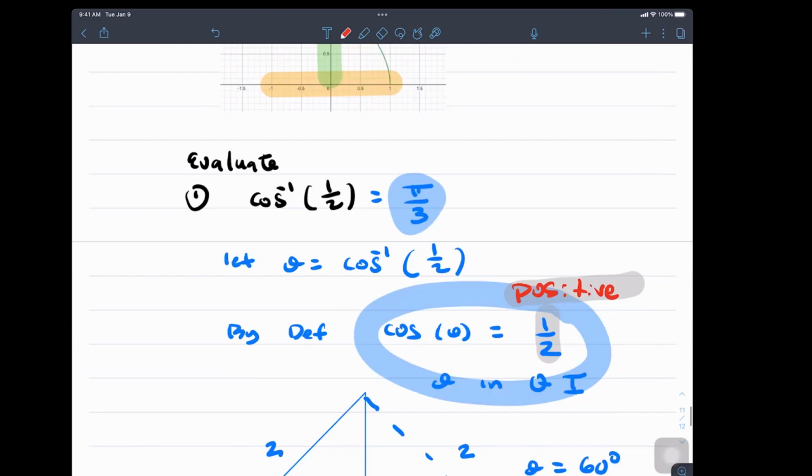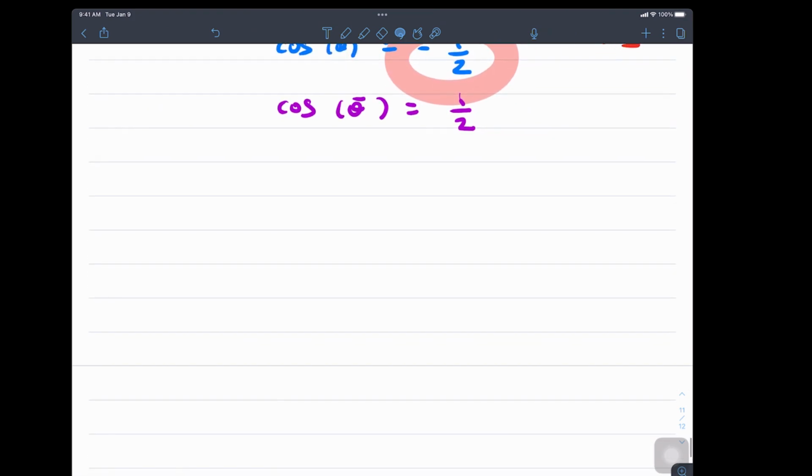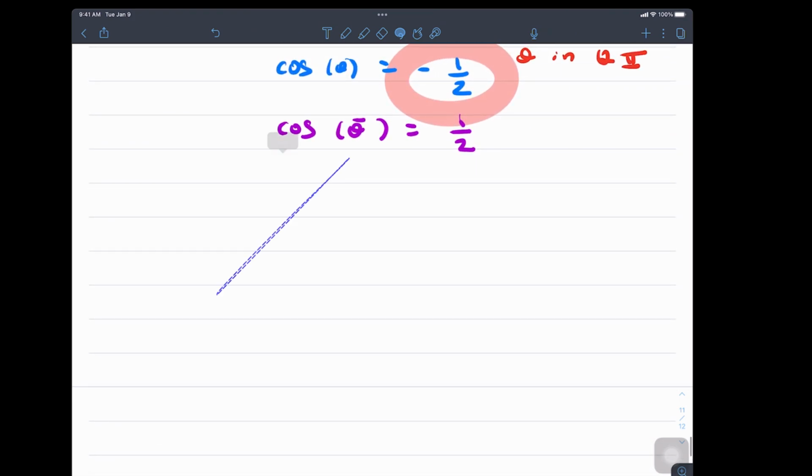But remember, what did you just find here? Remember how you would do this. If you didn't do the last question, you would always go to the reference angle, the positive cosine. Always, always, always. And what you'd always do is create that right triangle and then determine what special triangle that is.